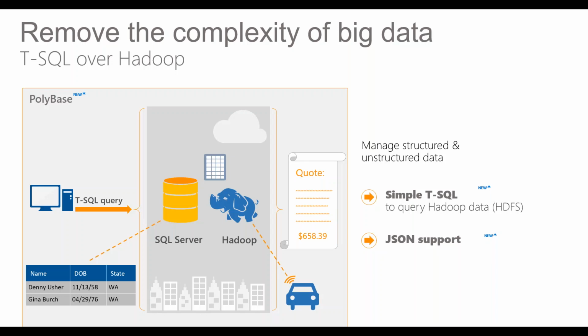But then we have a bunch of customers who, to get a break in their insurance, have agreed to share telemetry data with us. Telemetry data streaming from their cars. And that streaming data is not going into the relational database. It's being fed into a flat file system with Hadoop running on top of it.